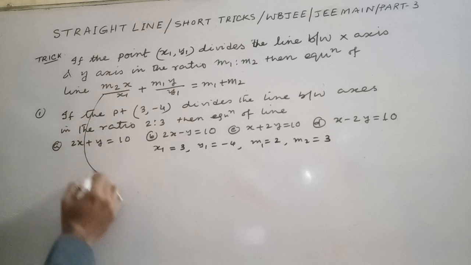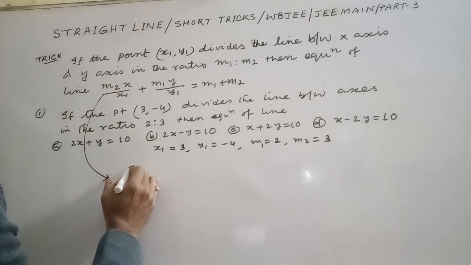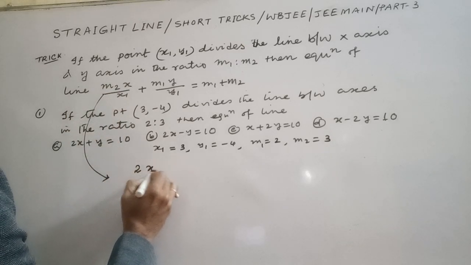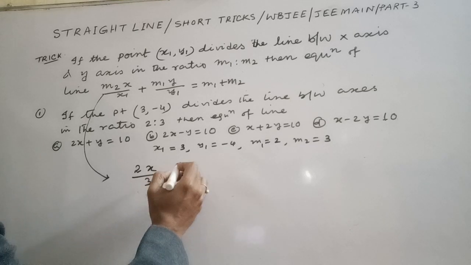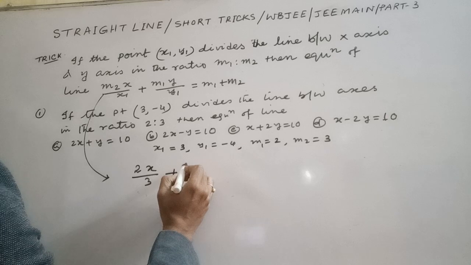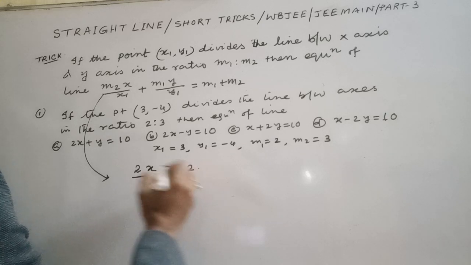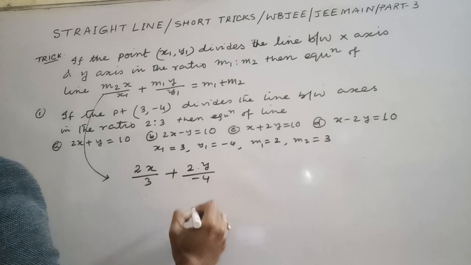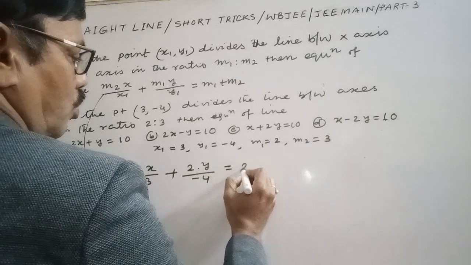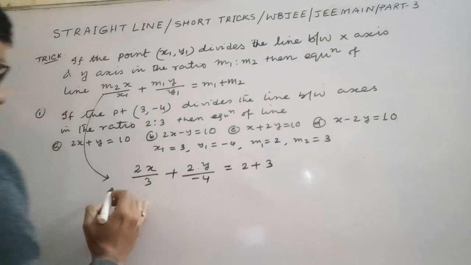So what is the equation of the line? m2x, so 3x by 3 plus m1 2 into y by -4 equals 2 plus 3.